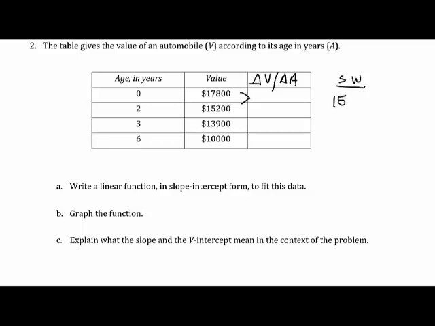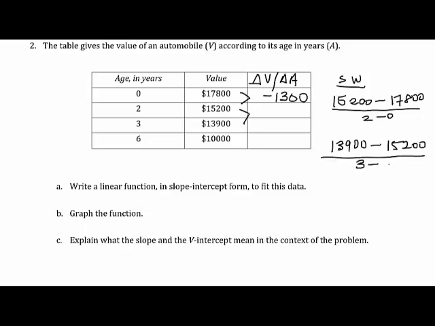So 15,200 minus 17,800 divided by 2 minus 0. And that's negative 1,300. And the next 2 points we'll do the same thing. 13,900 minus 15,200 divided by 3 minus 2. And again, that's negative 1,300.